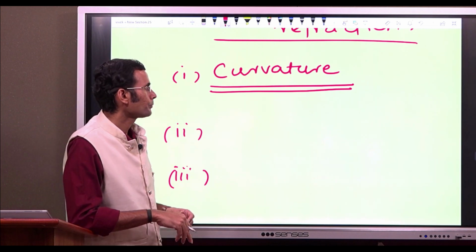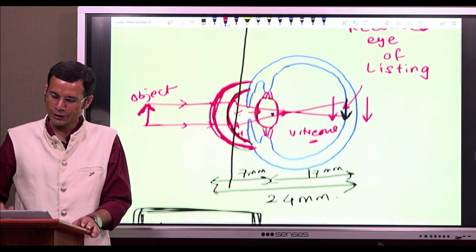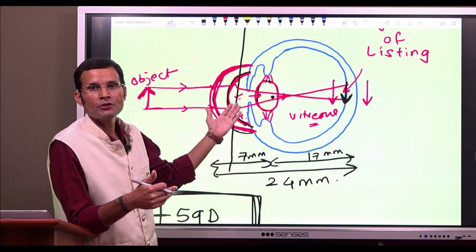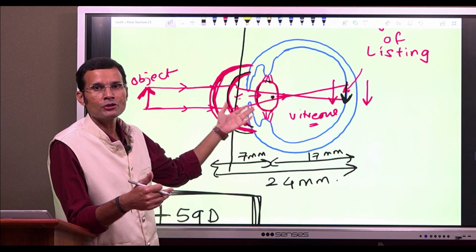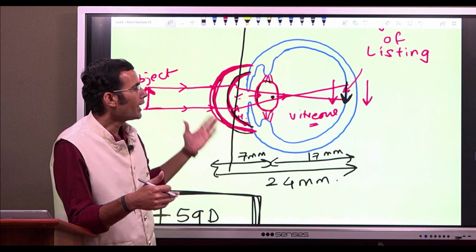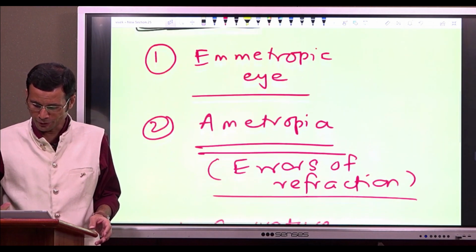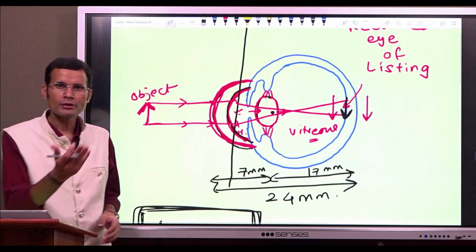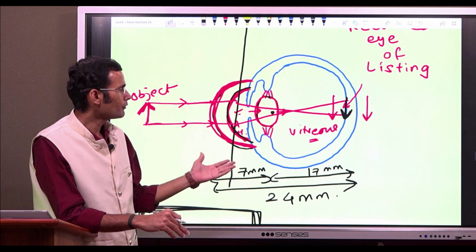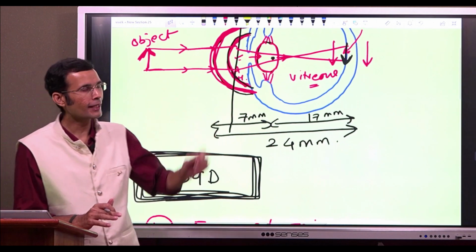In this type of error of refraction, there is a change in the curvature of the refractive media, the lens or the cornea, and therefore the refractive power has been altered and the image will not be formed on the retina. So, that is called curvature ametropia. For instance, the curvature of the cornea or lens is altered and the image formation will not occur exactly on the retina.